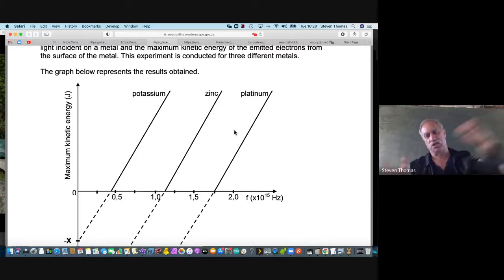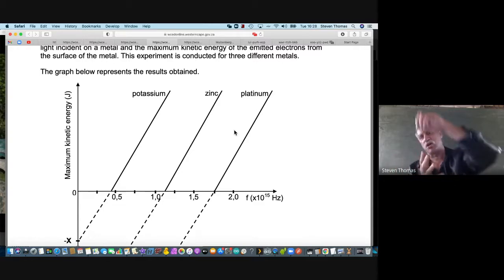These little balls, photons, come and bang into the surface of the metal and knock off the photoelectrons. Depending on which metal you have, the electrons will come off slowly off platinum, faster off zinc, and very fast off potassium, if I'm looking at this graph correctly.